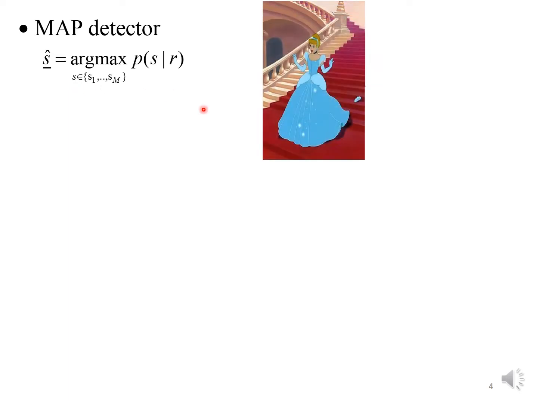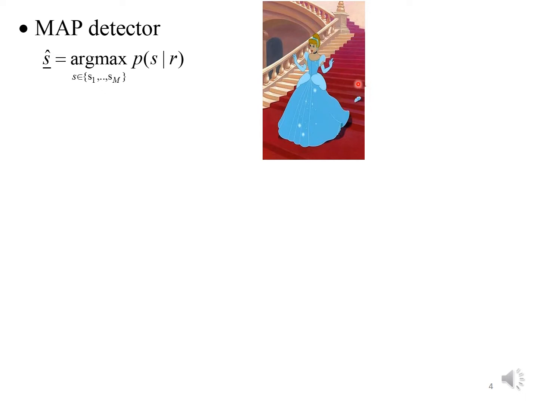Okay, so you may wonder how to find this conditional probability. We don't know it directly. This conditional probability is based on the received signal R, and all the clue at the receiver is the value of R. It's similar to the Cinderella story, where a shoe is left by Cinderella at the party.